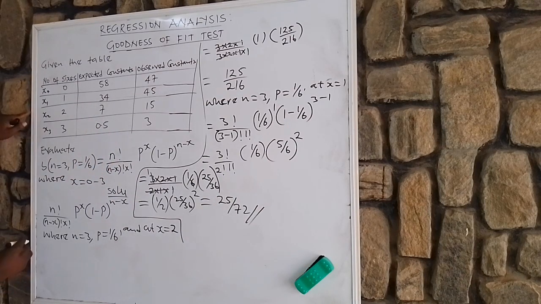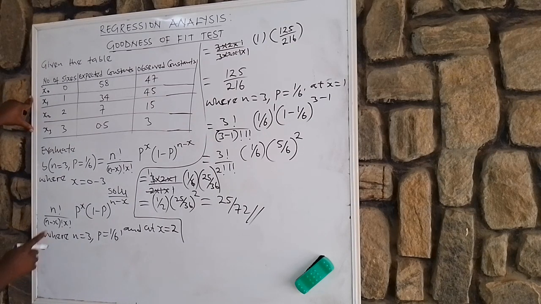So this will be equal to, at x, n is 3, so 3 factorial all over n minus x, 3 minus 2, 2 factorial times 2 factorial. Then our p is what? 1 all over 6 raised to the power x is 2.